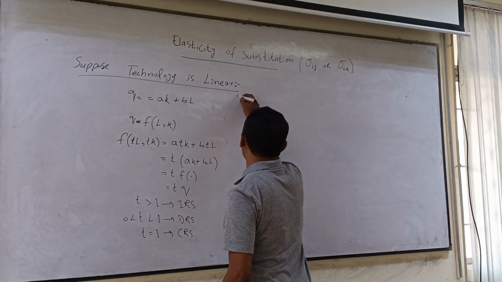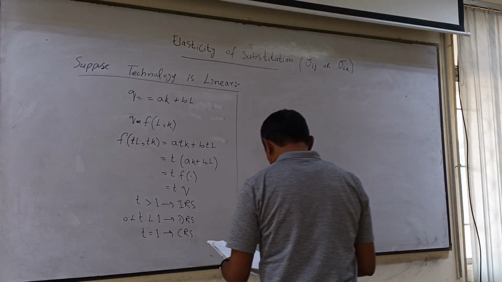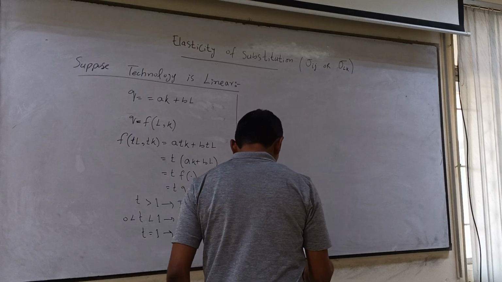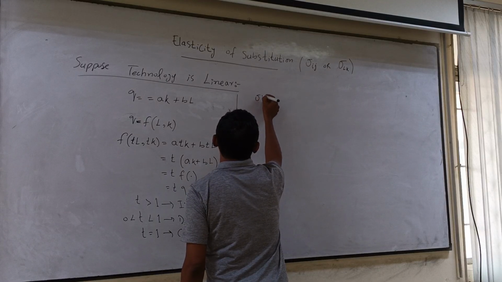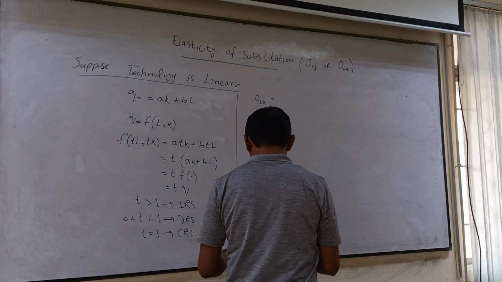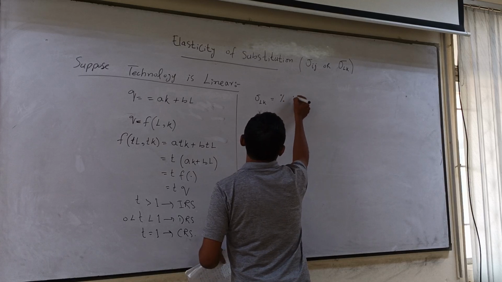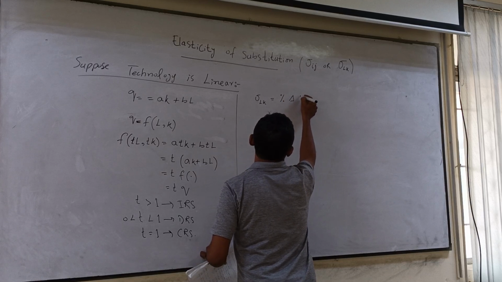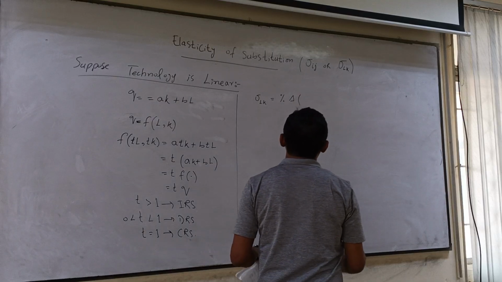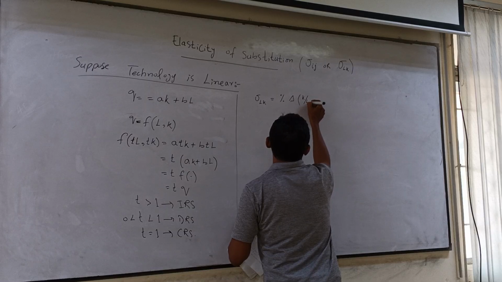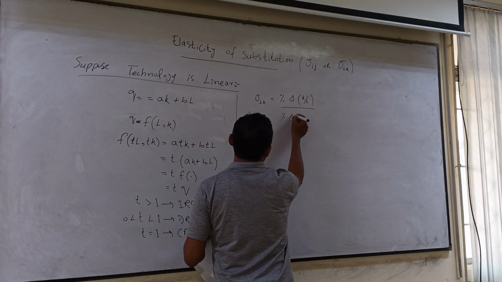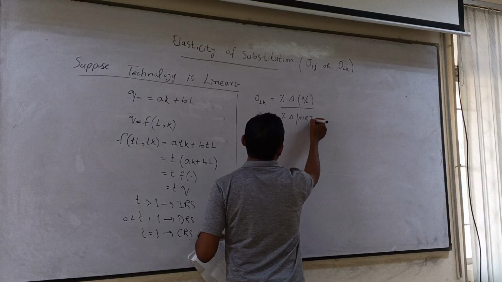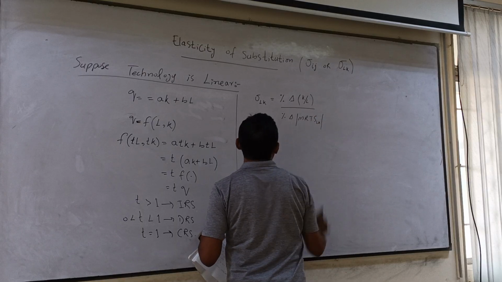अब तो similarly sigma labor and capital, it is percentage change in capital and labor ratio divided by percentage change in MRTS, labor and capital.